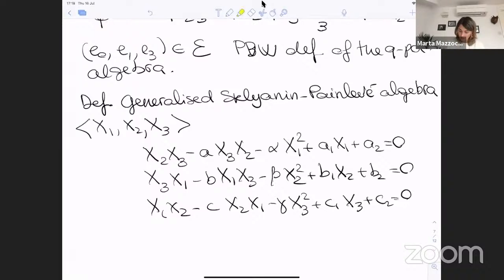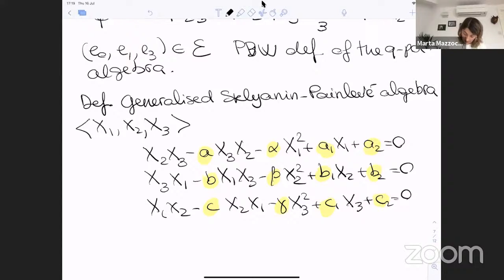So what we're going to do is classify all the values of the constants that appear in this algebra in such a way that it is beautiful, namely it's a potential algebra, it is Calabi-Yau, it has a convergent Poincaré-Hilbert series, and it is also Koszul.